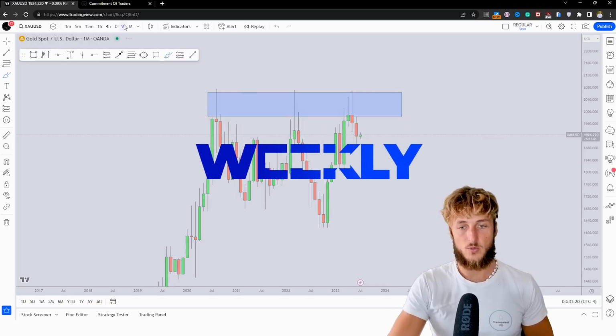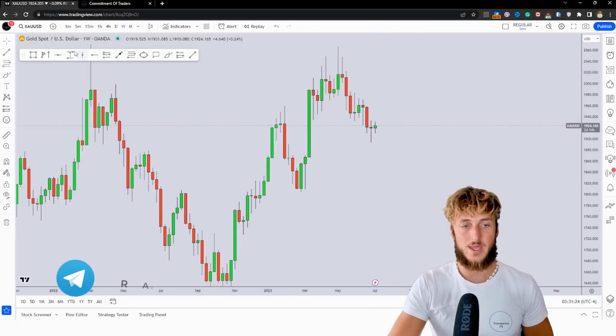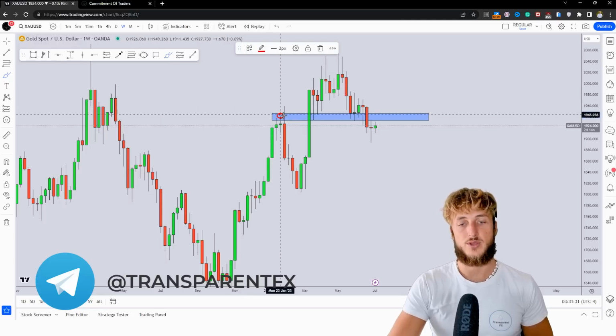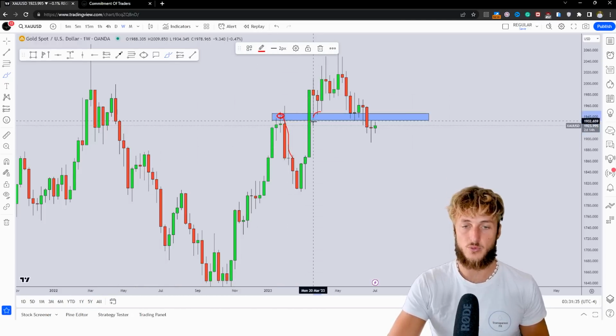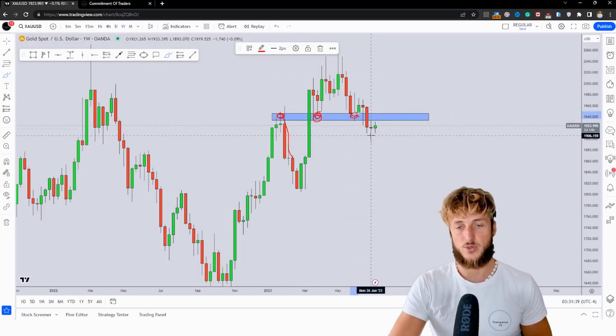Dropping down on the weekly time frame, what do we have? From a weekly perspective, first of all, we have to identify structure. We can see how this zone here is a quite important structure level, which was acting as previous weekly resistance, which was broken to the upside with this impulse. At that point it turned into support. We can see the level once again acting as support here.